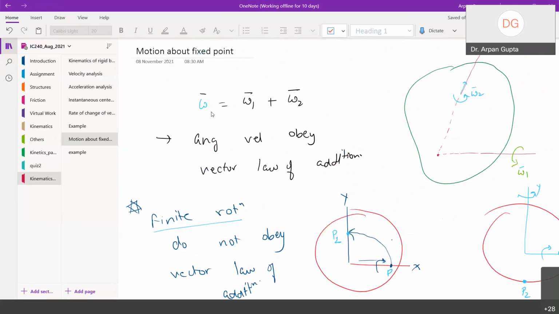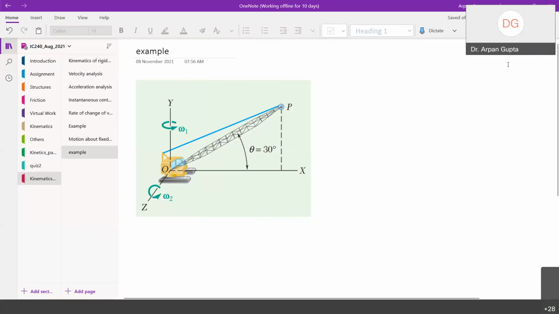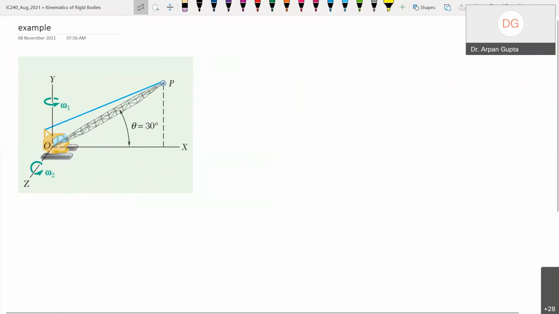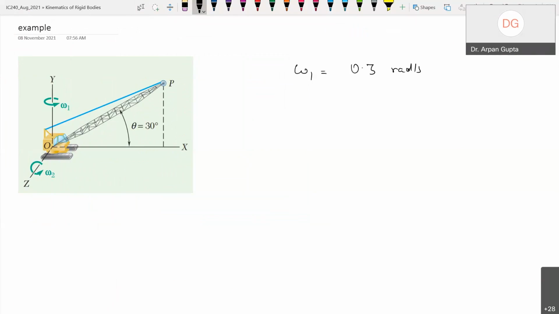And again, we can use the same generalized equations that we have derived. Let us see this example. Omega 1 is given as 0.3 radians per second in the y direction, so this is j cap. Omega 2 is given as 0.5 in the k cap direction. Both these angular velocities are constant.